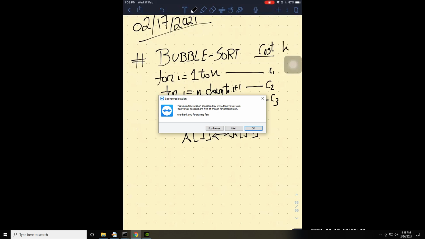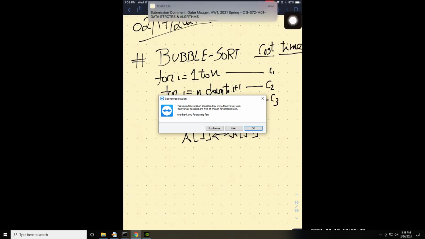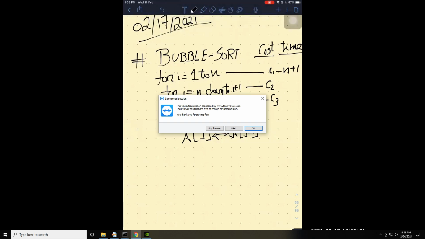Then the runtime for each of the lines: the first one will be n plus 1. Do you get why it is n plus 1? Any confusion, guys? Why is the runtime for the first line n plus 1? Can anyone explain how it is n plus 1?